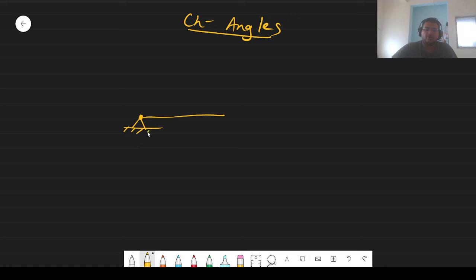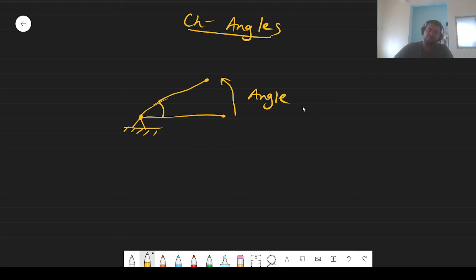Now if I try to rotate this rod from here to, let's say, here, this final position will be this. Now just tell me how much rotation has been made. So this measurement of this rotation is called angle.